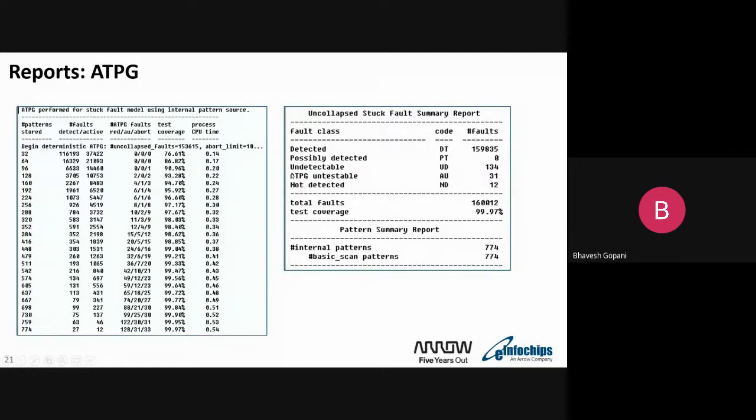If we can focus more on ATPG untestable faults, we can get higher coverage, because whatever faults we cover, let's say if I can cover 15 of those 31 faults, they get added to the detected faults, and I can get a little higher coverage. So AU is the culprit, AU and ND during DFT. These two categories are mainly what we need to worry about.